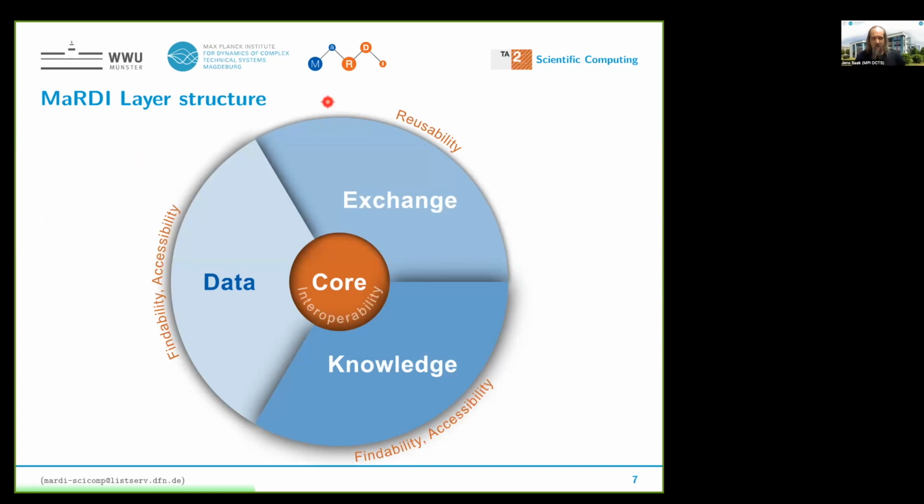The entire MaRDI structure is then also connected to this layer structure here, where the classic terms findability, accessibility, interoperability, and reusability come back into play and are connected to the different types of approaches, whether it's just knowledge, or it's about the data, or the exchange.